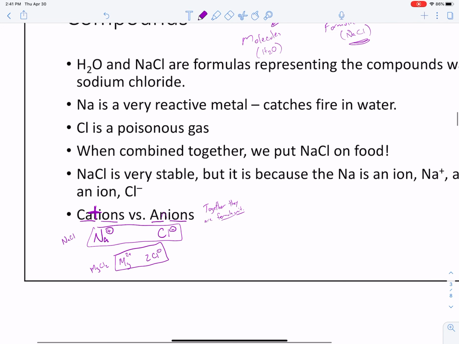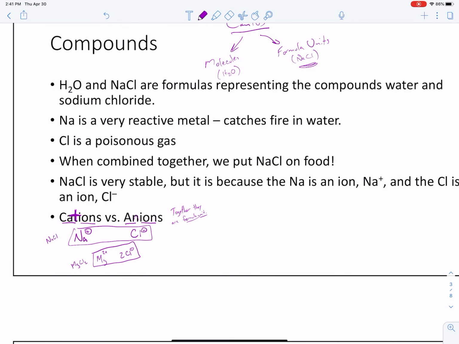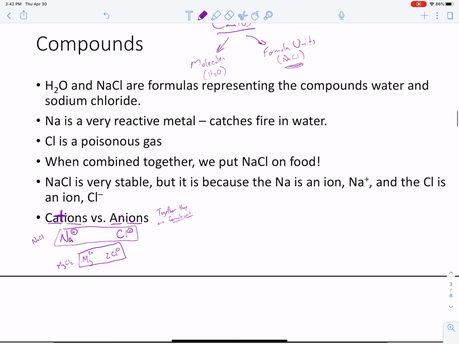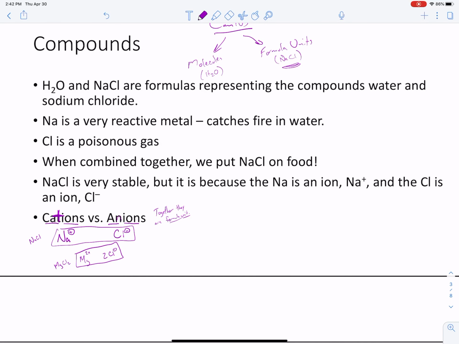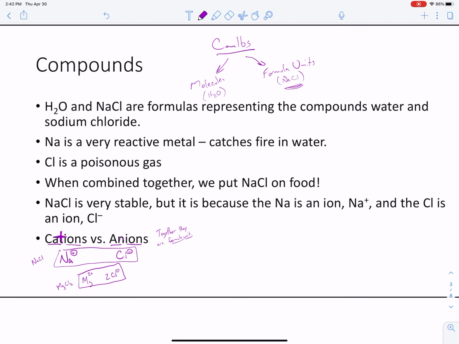The reason why these formula units combine like this, go back to what we talked about with regard to the octet rule. Sodium needs to lose an electron to look like the nearest noble gas. Chlorine needs to grab an electron to look like its nearest noble gas. And together they form a formula unit where sodium's plus and chlorine's minus.